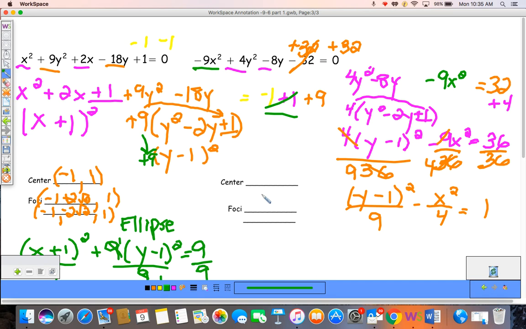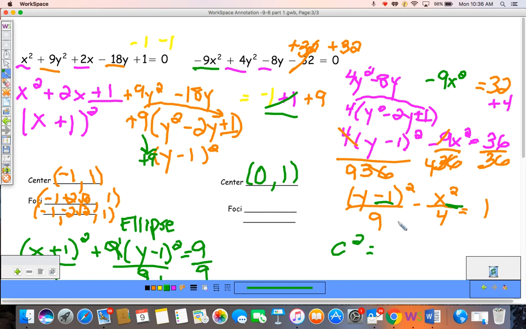Let's go ahead and take my center. Remember, it's the opposite of what's with your x. Well, there's nothing with my x. That's a 0. The opposite of what's with my y, it's a 1. Then to find my foci, I have to find my c.